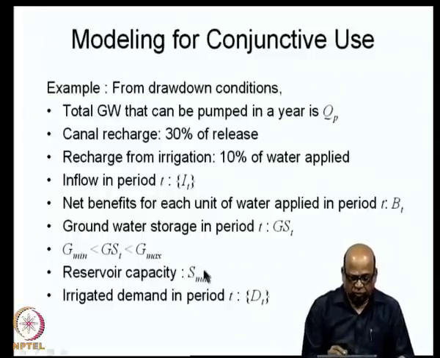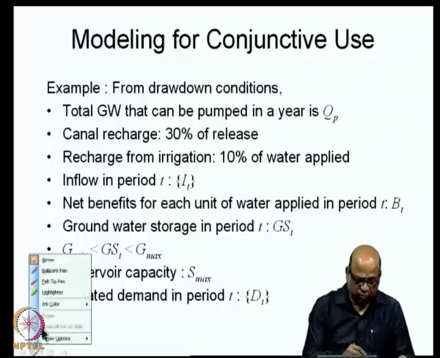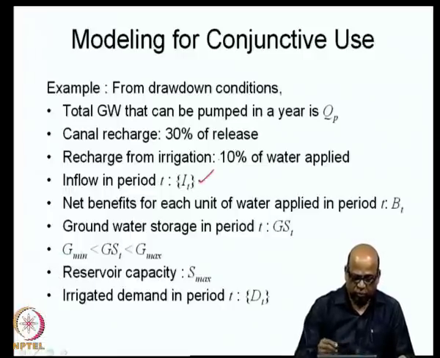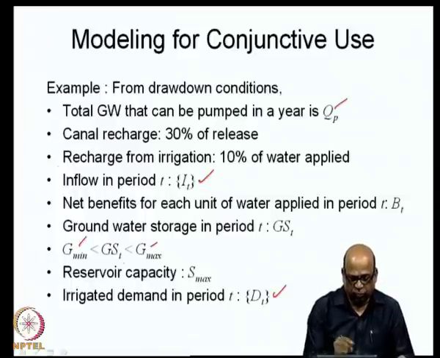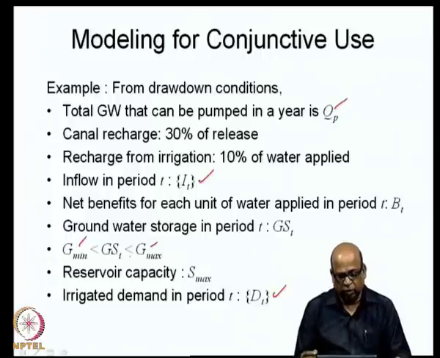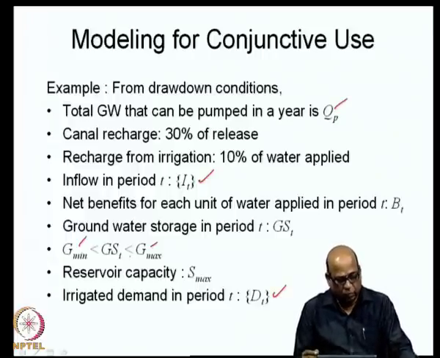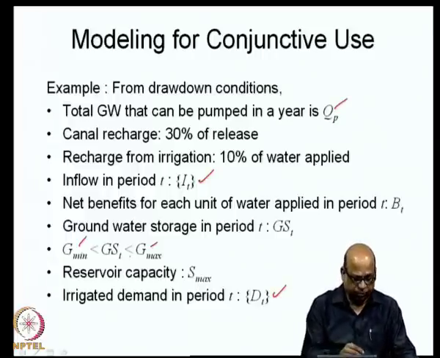Similarly, at the reservoir, we have the reservoir capacity and the irrigation demands are denoted as D_t. So, all of these are data. We know I_t is known, D_t is known, and QP is fixed. So, all of this is data. This becomes a decision, that is GS_t becomes a decision variable, as indeed is S_t, which is the storage at the reservoir.